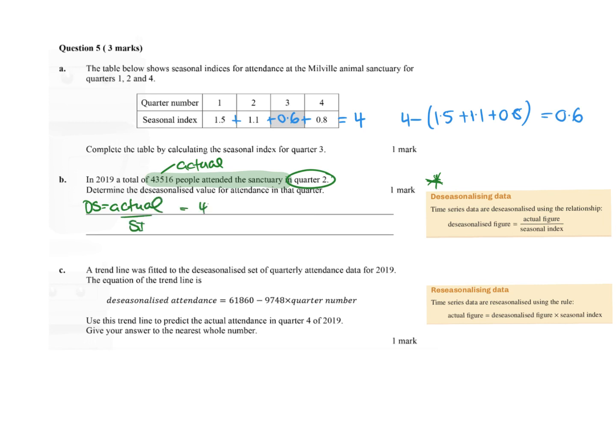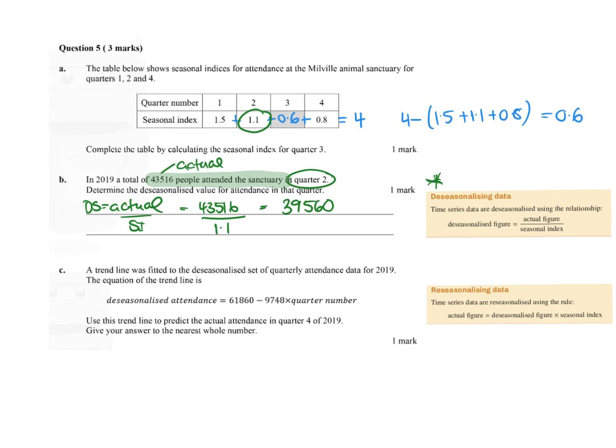They gave me the actual in the question, and I need the seasonal index for quarter 2, which is up there, 1.1. And I do that and I get 39,560. So it can come a lot easier if you just write the formula and then go looking for what you need.